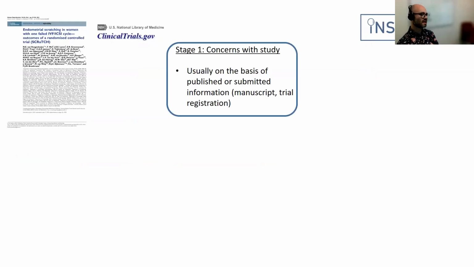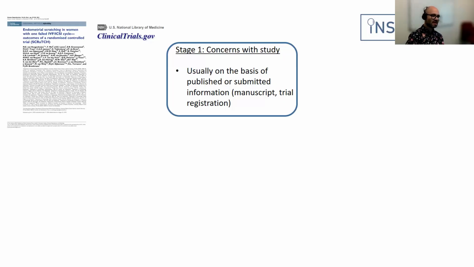So what do these investigations look like? Usually what happens is some concerns are raised with a study on the basis of a published manuscript, a submitted manuscript, or what's in the trial registration entry. Just to be clear, I put a random paper by some collaborators up in the top left; I do not mean to imply at all that there are any concerns about that study.